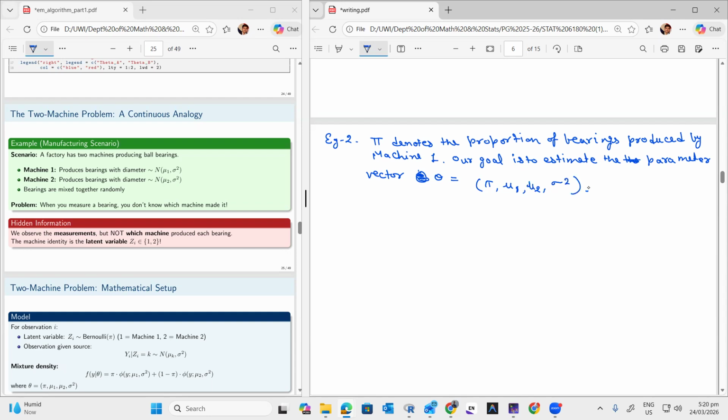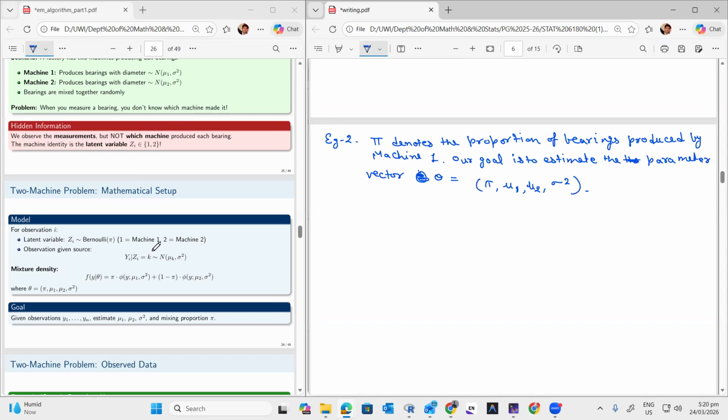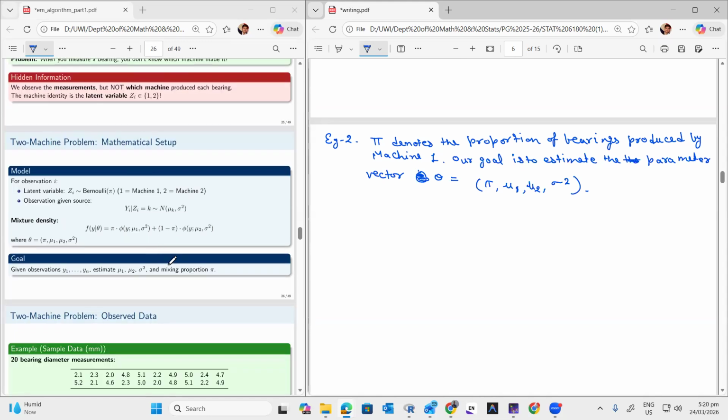These are the four parameters that we basically want to find out, estimate.